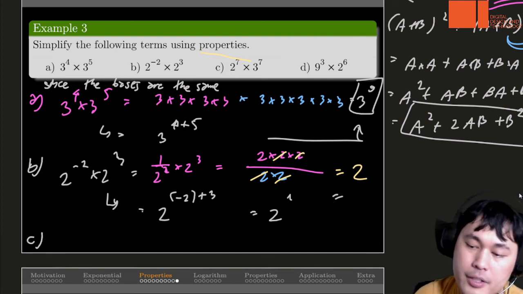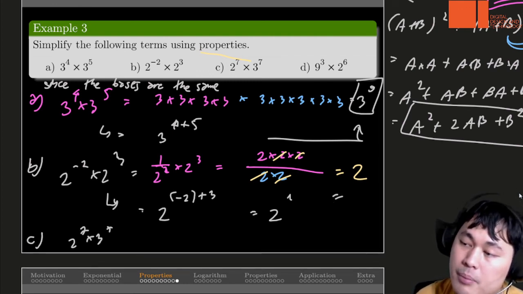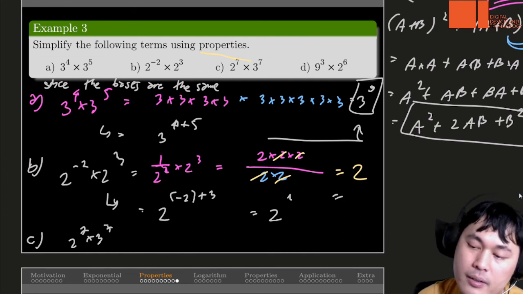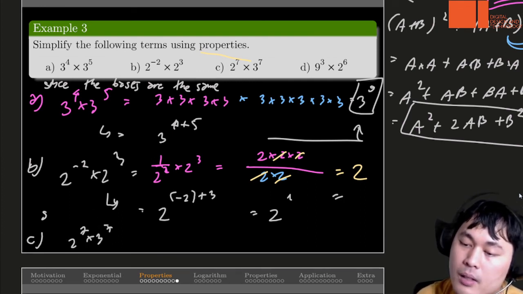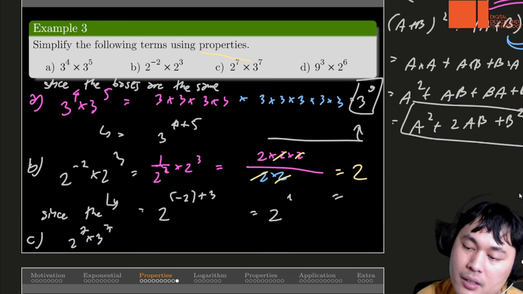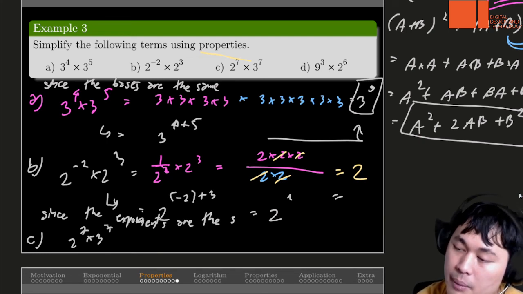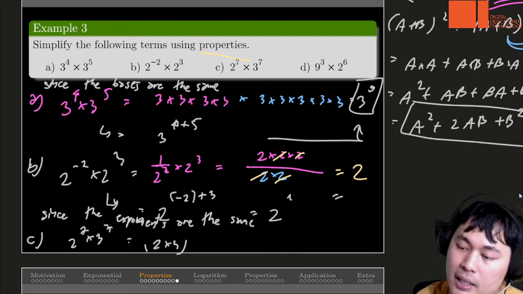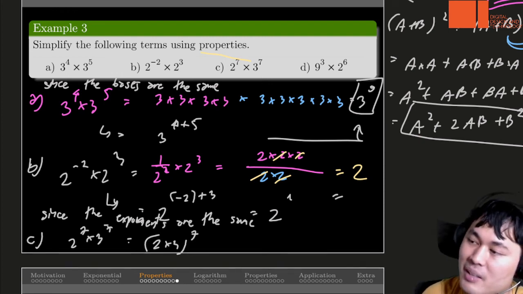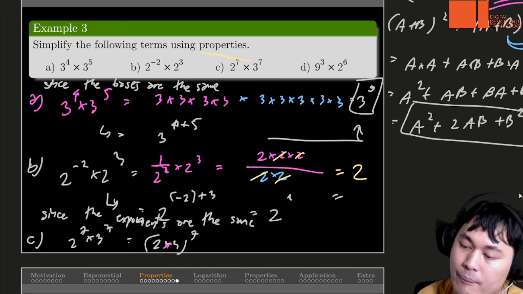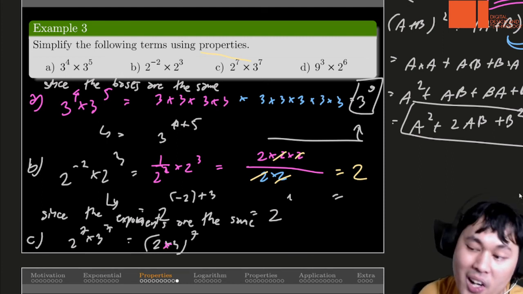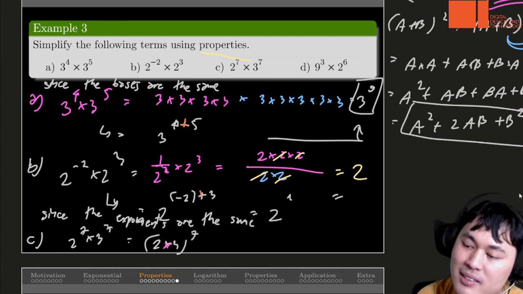But C, we use different properties because now the bases are different, but the exponents are the same. So you would write, since the exponents are the same, or since they match, then we can combine the base. But here, notice that when you combine the base, we combine with the multiplication, not addition as we have earlier.